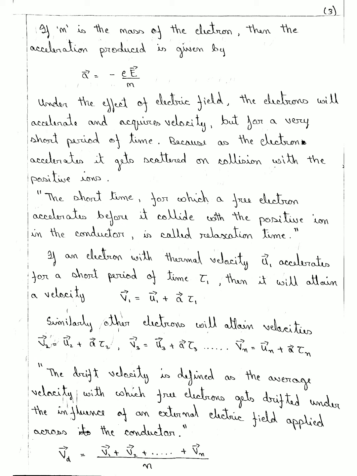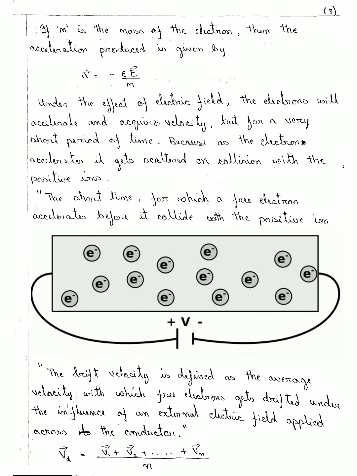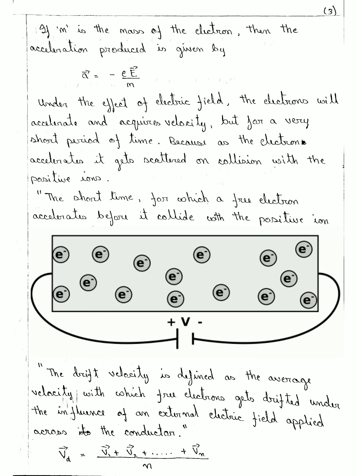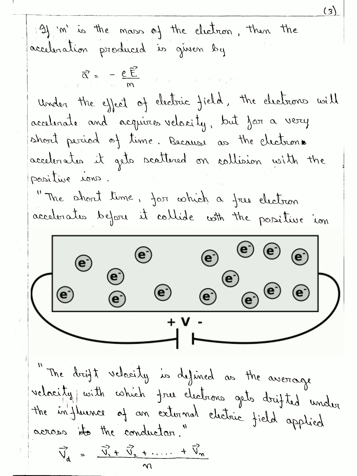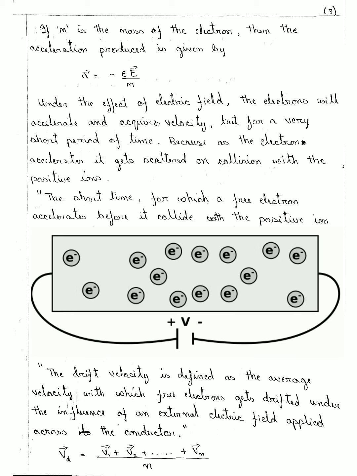Now we come to the definition of drift velocity. Knowing the velocity of each electron under the influence of the electric field, the drift velocity is defined as the average velocity with which free electrons get drifted under the influence of an external electric field applied across the two ends of the conductor.